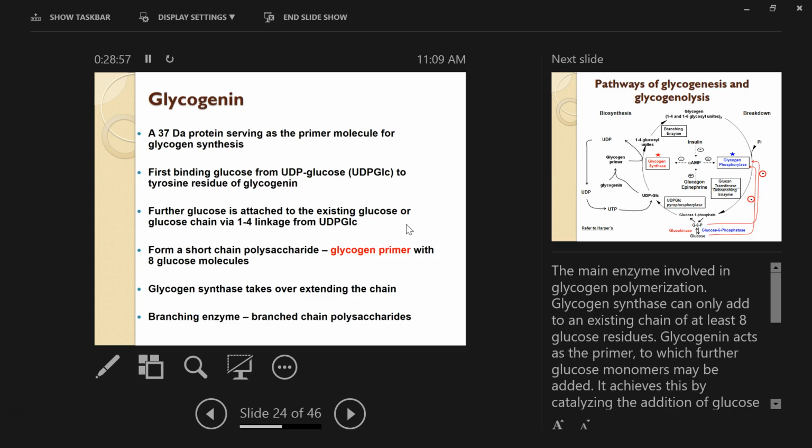So first, glucose binds to UDP and forms UDP glucose, and then it is transferred to tyrosine residues of glycogenin. Glycogenin again is a protein, right?